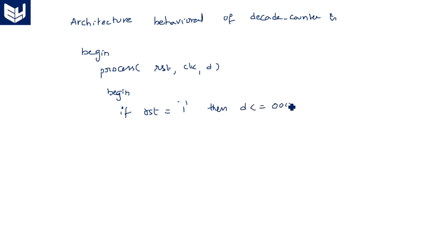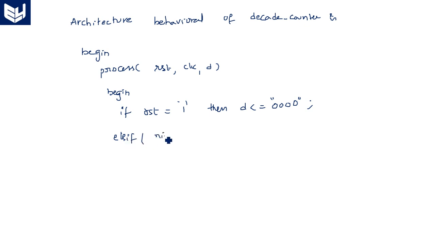D is assigned with all 4 zeros. So whenever the reset pin is activated, first we are clearing all the flip-flops. Resetting is nothing but clearing.